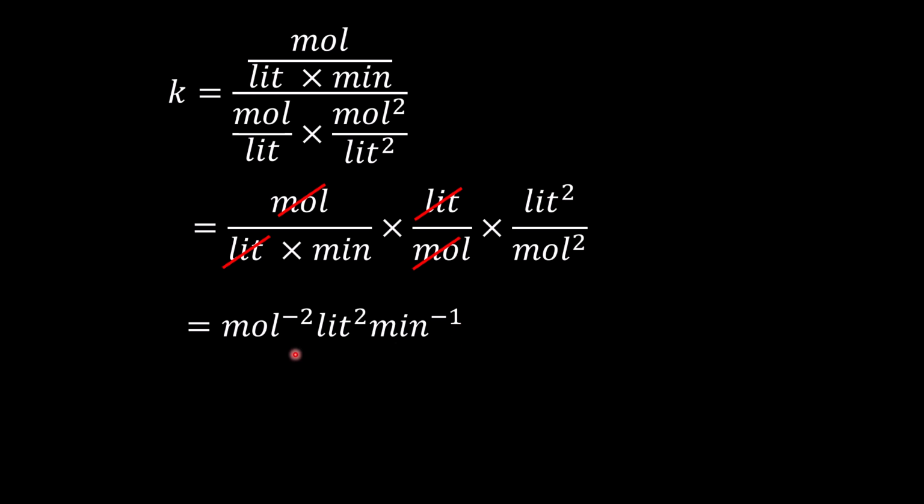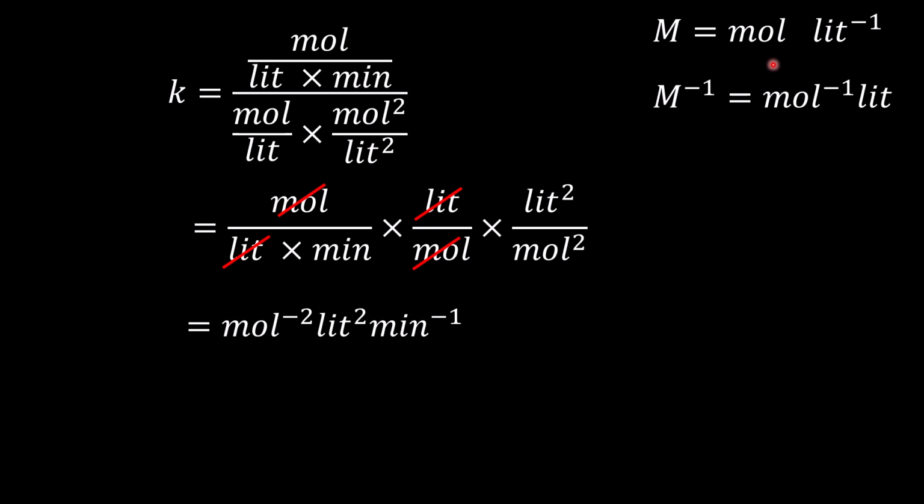Here we can also convert this in terms of molar concentration. That is, molar concentration is equal to mole per liter. Here we have to change this mole value, so we take the reciprocal of this molar concentration. We get M to the power minus 1 is equal to mole to the power minus 1 liter. Squaring this value, we get M to the power minus 2 is equal to mole to the power minus 2 liter square.